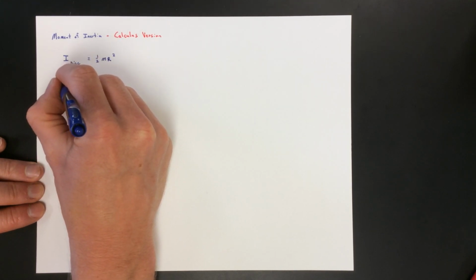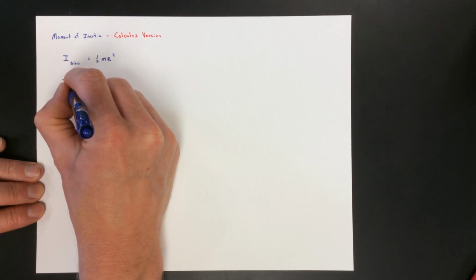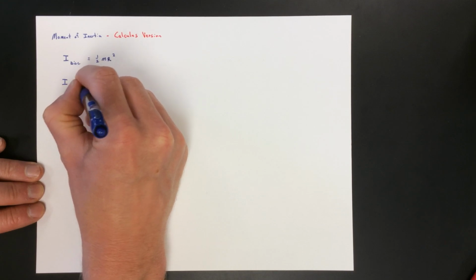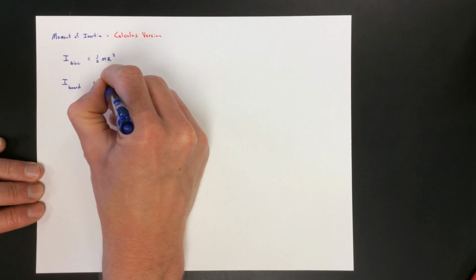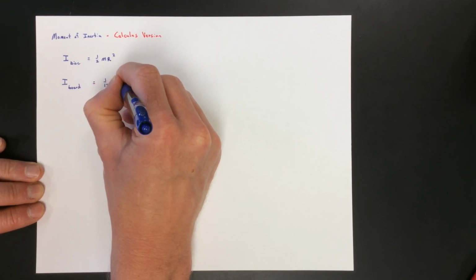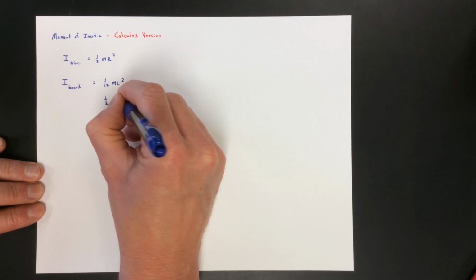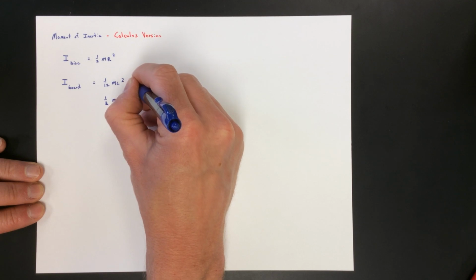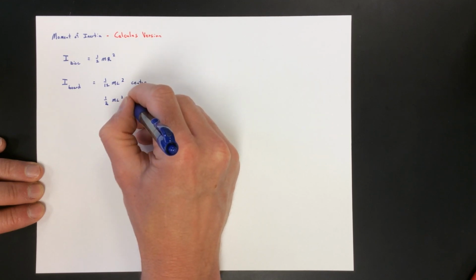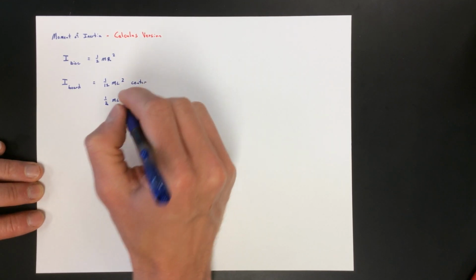The moment of inertia of a board is 1/12 ml squared when pivoted in the center, and 1/3 ml squared with the pivot on one of the ends.